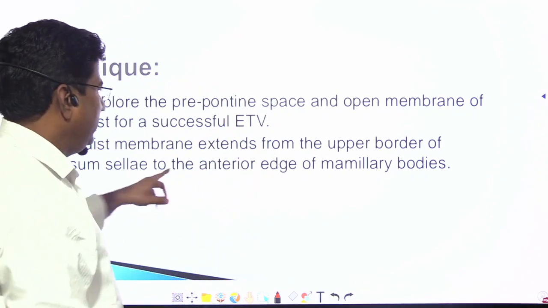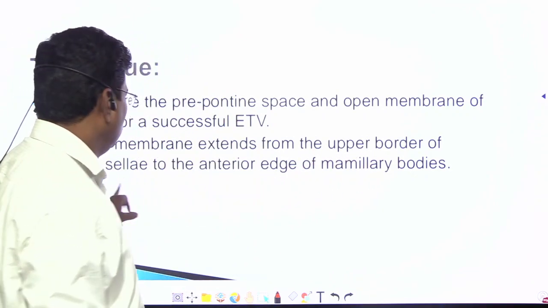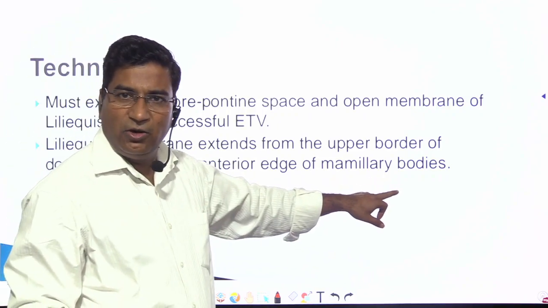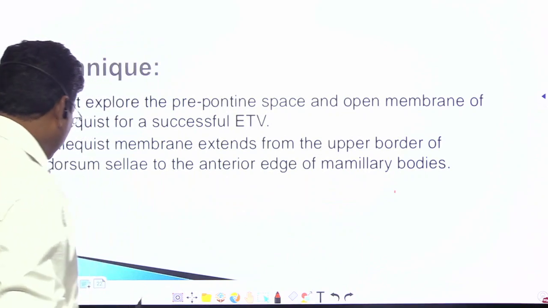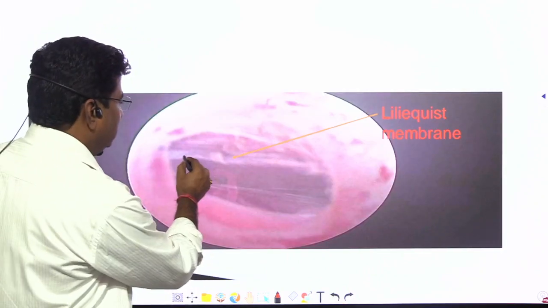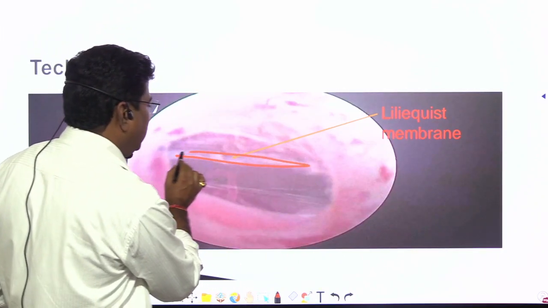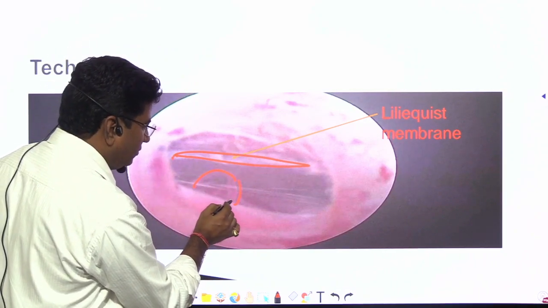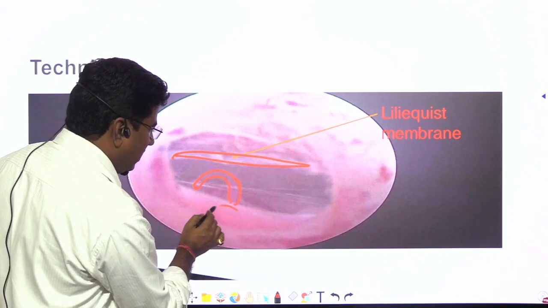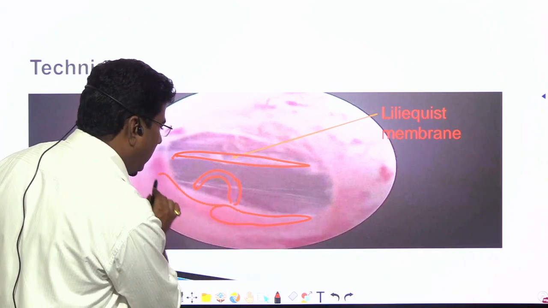So Liliequist membrane extends from the upper border of dorsum sella to the anterior margin of mammillary body, and you must fenestrate it along with the floor of third ventricle. This is Liliequist membrane. After fenestration you see endoscopically, and these are the perforators of the basilar artery.